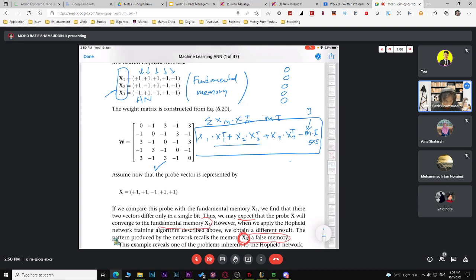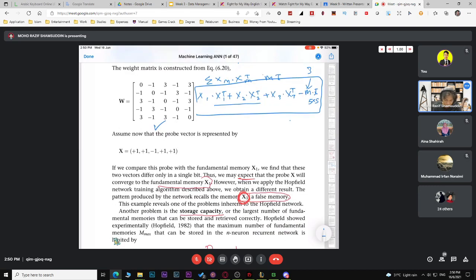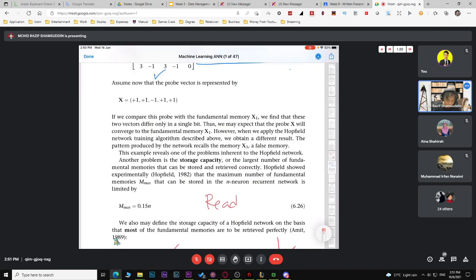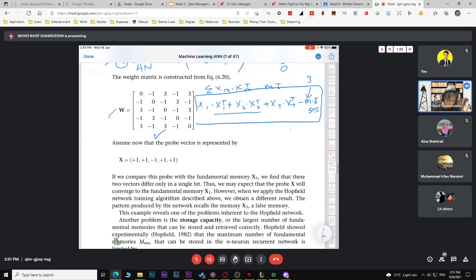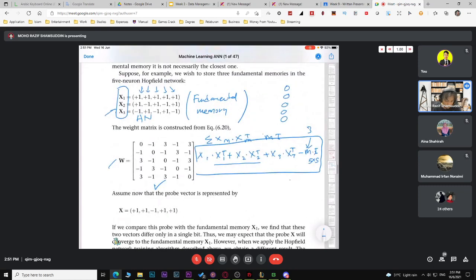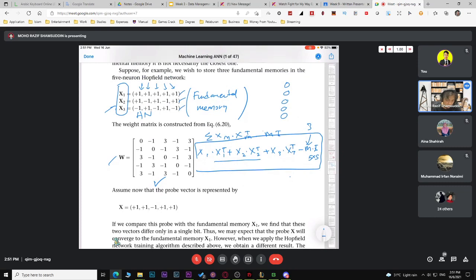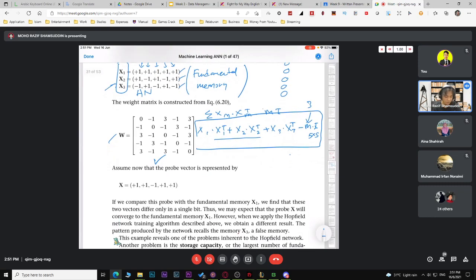Alright. So supposedly if you do step number 2, which is to test the network, it should do fine. Okay. Bila you dapat weight ni, our Hopfield network should be able to reproduce the fundamental memory if it is presented to the input. Maknanya input dia macam ni, dia akan hasilkan output yang sama.